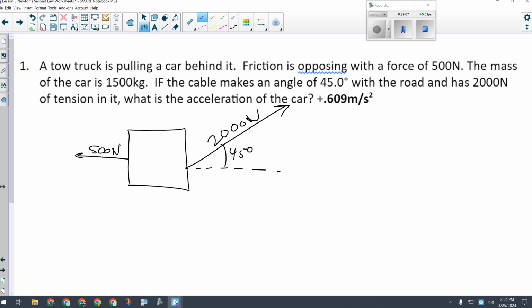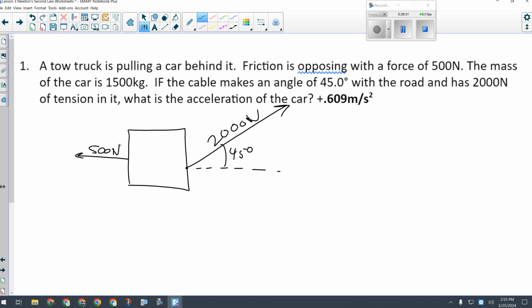All right, what do I have to realize about this question? Is that 2,000 newtons worth of force acting directly against the 500? It's not. Here's the other thing. The car, or truck, or whatever it is, is not moving vertically.